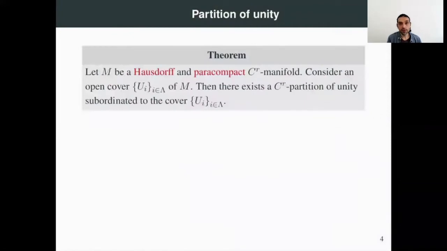So the theorem of partitions of unity says that if we have a manifold M that is Hausdorff and paracompact, and we consider an open cover of such a manifold, then there exists a C^r partition of unity, M being a C^r manifold, subordinated to that cover.